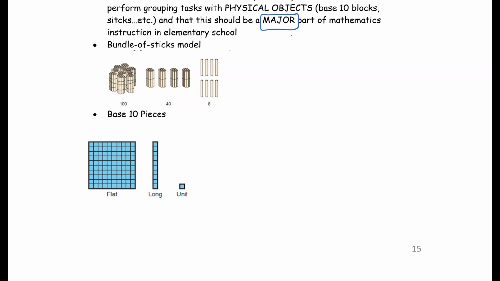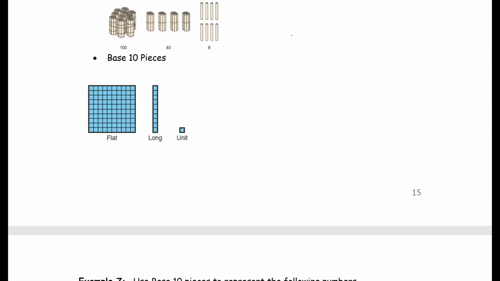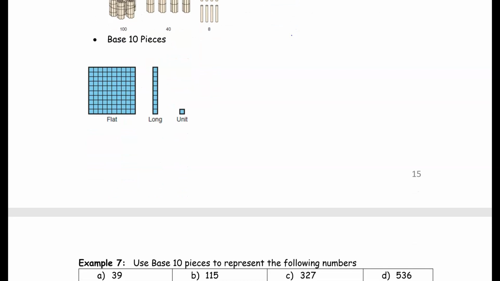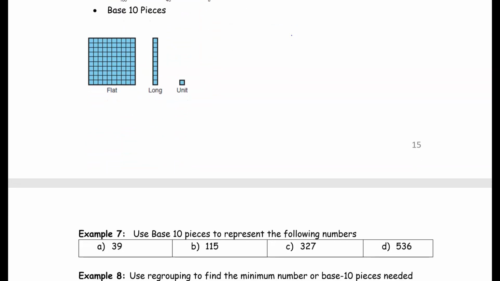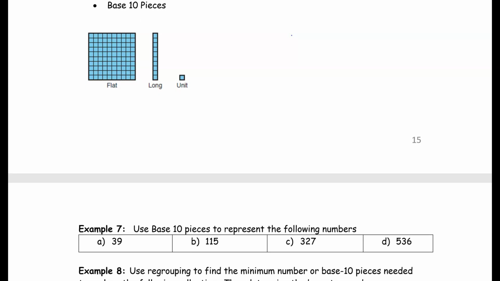Most elementary schools should hopefully have sets of these, actual blocks that look like these blue pieces. If they don't, you can print these off and laminate them and work with them that way. You can also just draw them on a piece of paper. We call the unit worth 1, a long is worth 10, a flat is 10 by 10, which is 100.